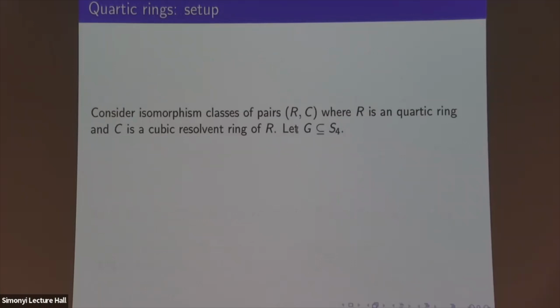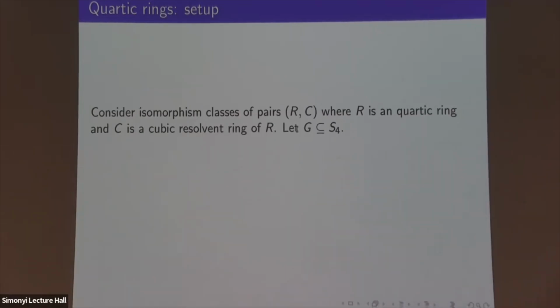Okay, so let me discuss the setup for quartic rings. Instead of just considering a quartic ring, I want to consider a quartic ring along with a cubic resolvent ring. For those of you who haven't seen cubic resolvent rings before, let me give you a quick way you can think about it.